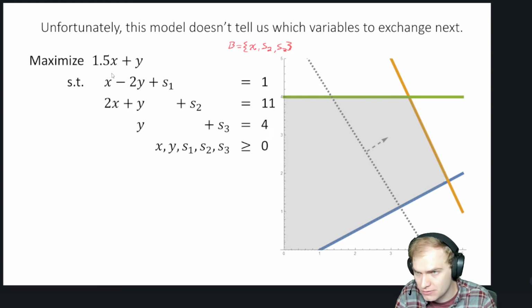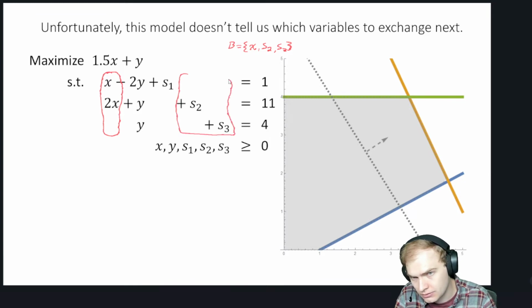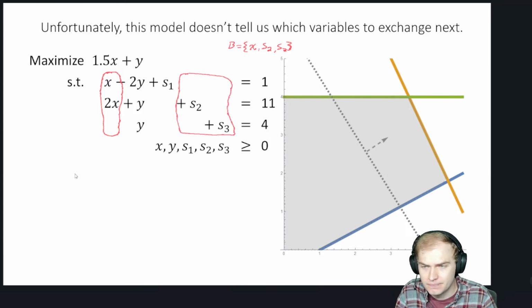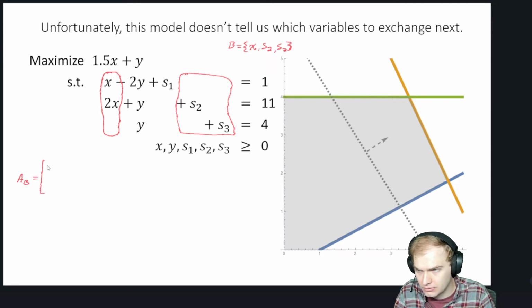So the first thing we're going to do is identify the columns of our basis, these three, and merge them together into one matrix, call it AB. 1, 2, 0.